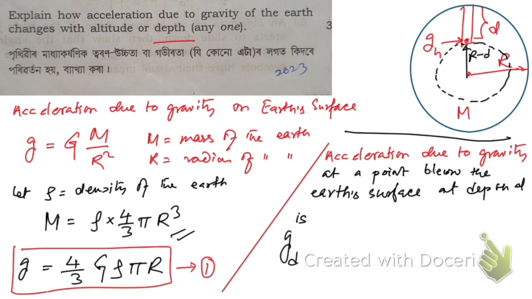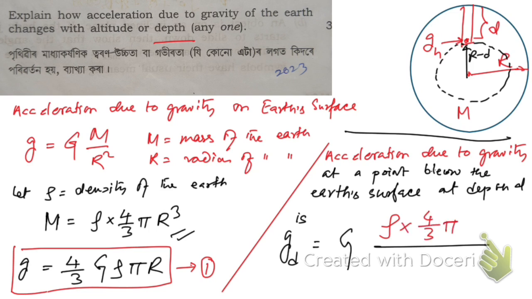Let me write it gd. Okay, gd is equal to capital G. Now mass will be obtained by multiplication of density into volume, 4 by 3 pi.